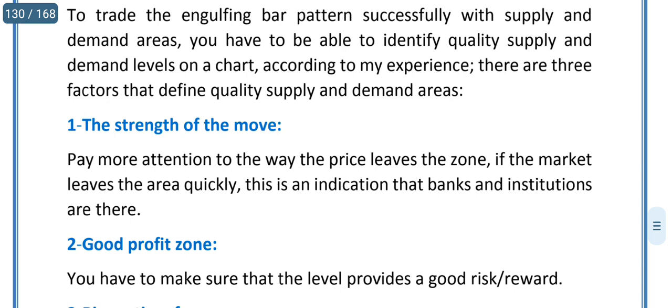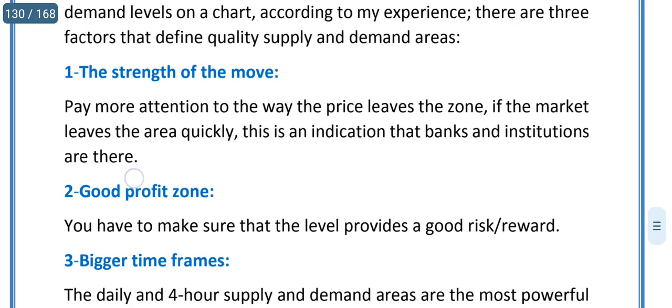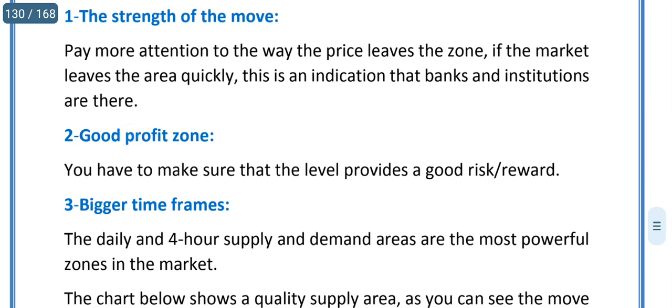According to my experience, we have three factors that define quality supply and demand area zones, and it is these factors that we can base on to identify that this is a demand area or this is a supply zone. The first factor is the strength of the move.